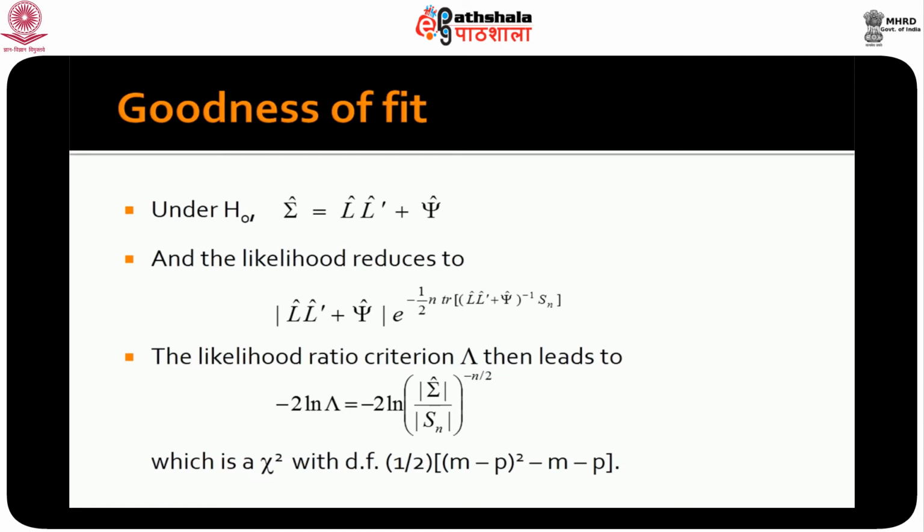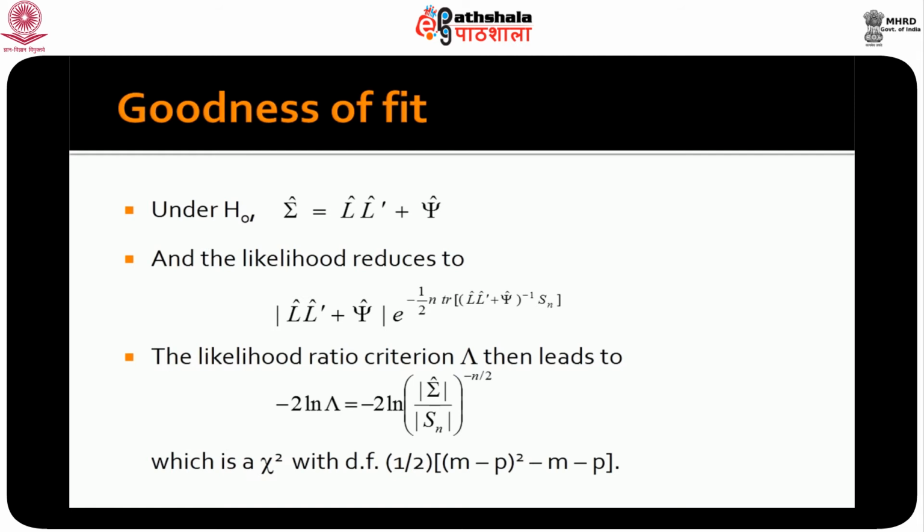The ratio of these two maximum likelihoods would come out to be the determinant of Sn by sigma hat to the power of minus n by 2. If you take the ratio of the maximum likelihood under H naught by the maximum likelihood globally, that is, you are looking at the likelihood ratio criterion, then the likelihood ratio criterion would lead to the result that minus twice log of it would be a chi-square.